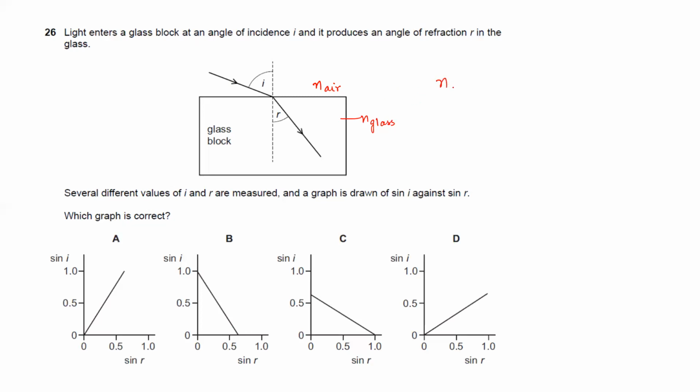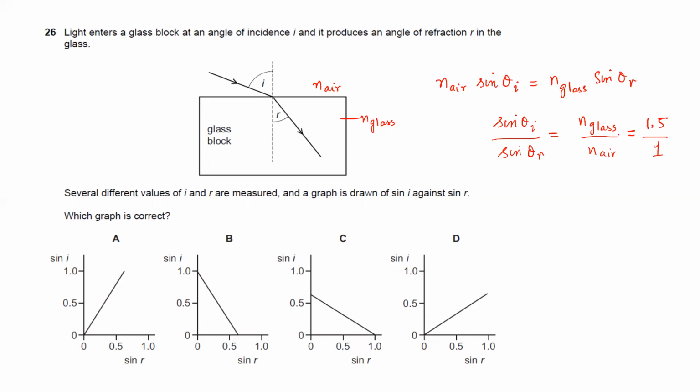So remember, n air sine of theta I is equal to n glass multiplied by sine of theta R. So from here, sine theta I over sine theta R will be n glass divided by n air. Generally n glass is around 1.5 and n air is around 1.